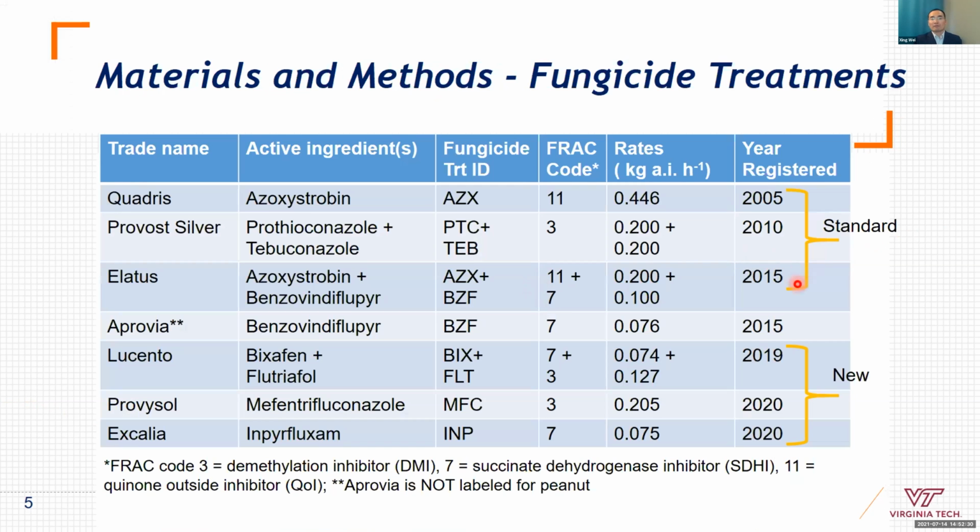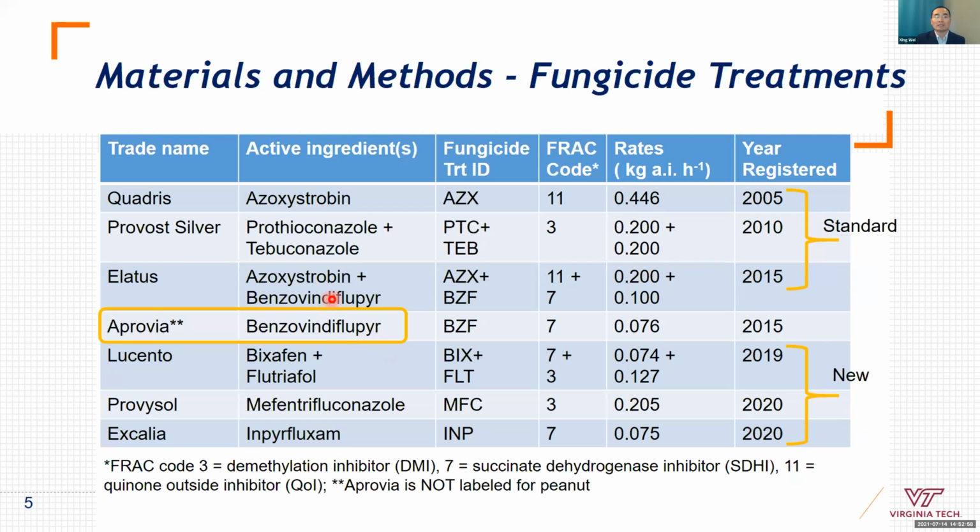Here is a list of the fungicides we have tested. Mainly, it included 3 standard products which were registered before 2015, and we also included 3 new products which were registered in the past 2 years. In addition, Aprovia is not labeled for peanut, but we included it because its active ingredient is one of the AIs in the standard product Lucento.